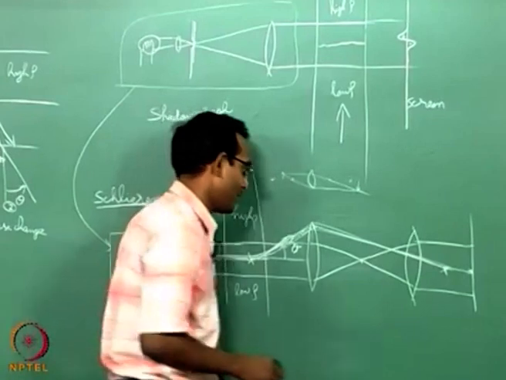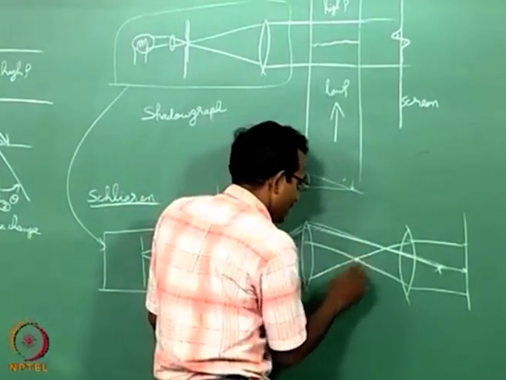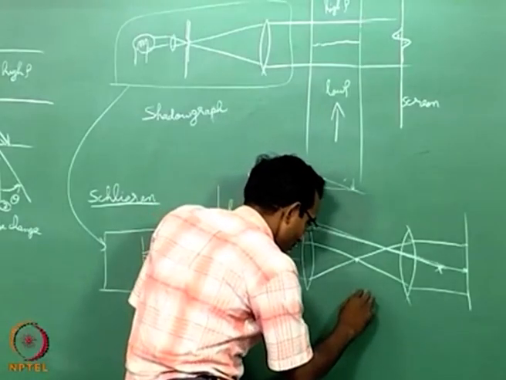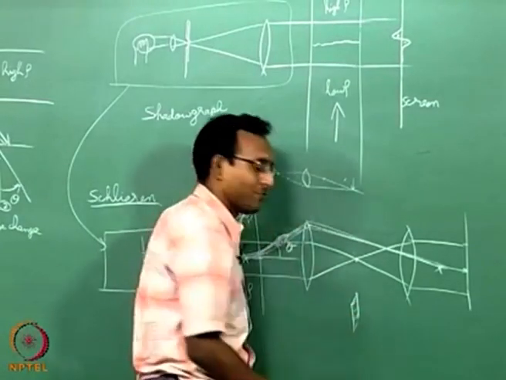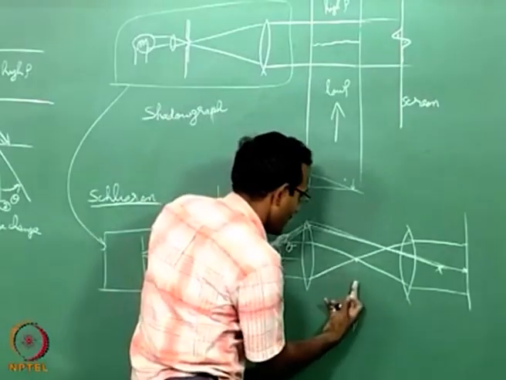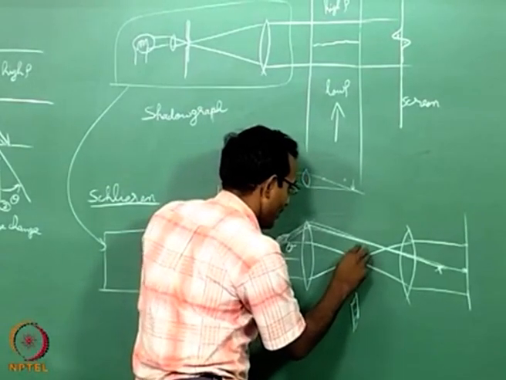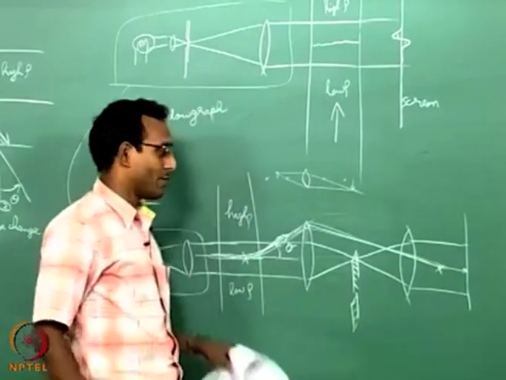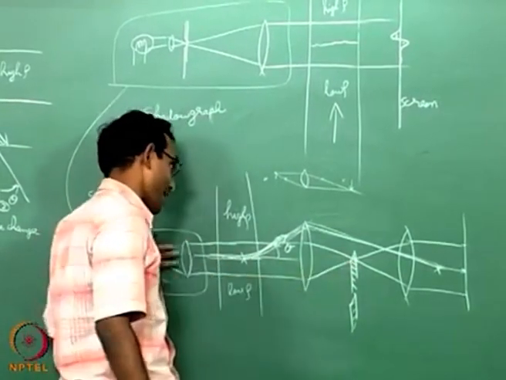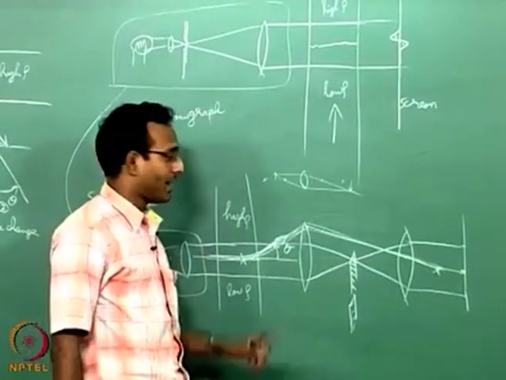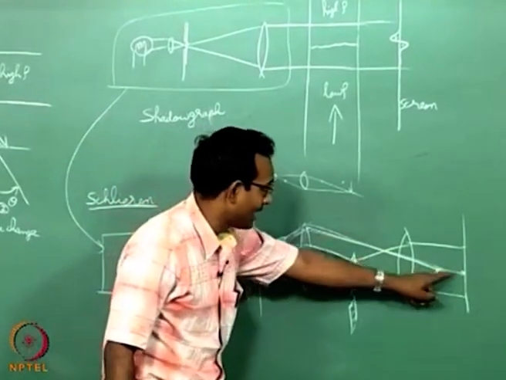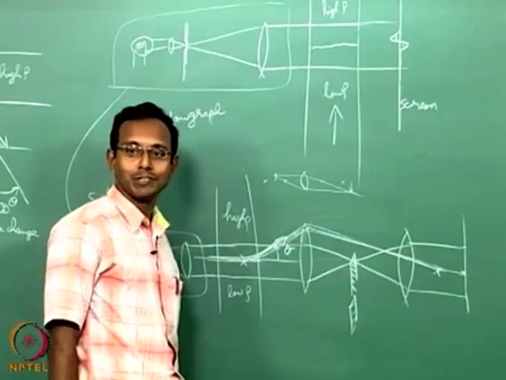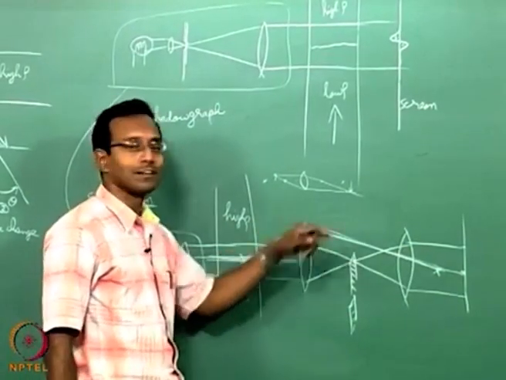I want to now think about putting a knife edge, or actually something to block the light. I am going to take a knife edge or a blade, I am going to put it through this point and block this region. If I block this light that is coming from the parallel beam, I will see only this light going there, because that light is just deflected far away and it is just going through straight, there is no trouble with that.